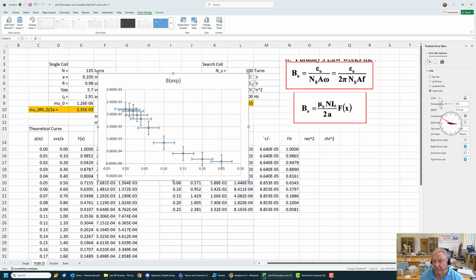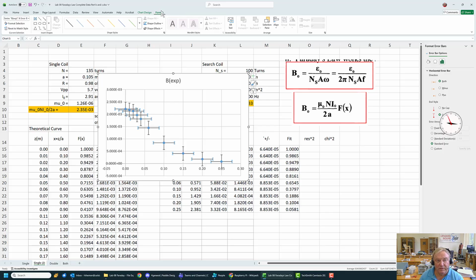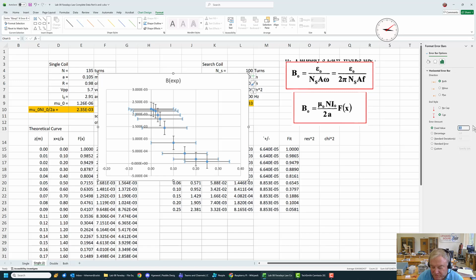So the X ones, the easy ones, we'll do first. And remember, the Mac people have to go up here. Let's see, we want fixed value. We want it to be 0.